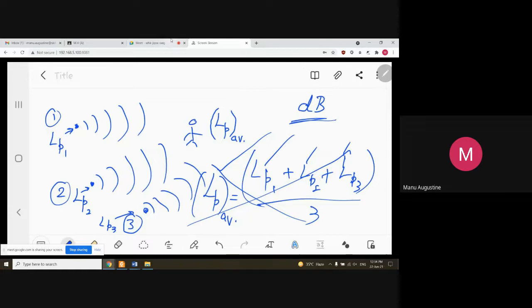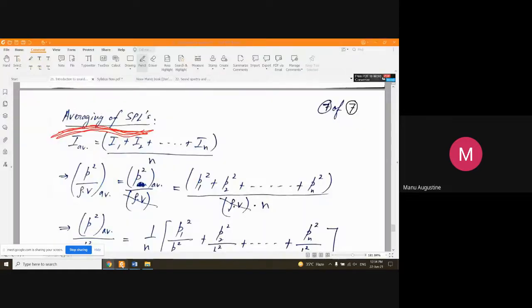So once again, we claim that if decibels cannot be added or averaged, then I have all the right to average up the intensity.